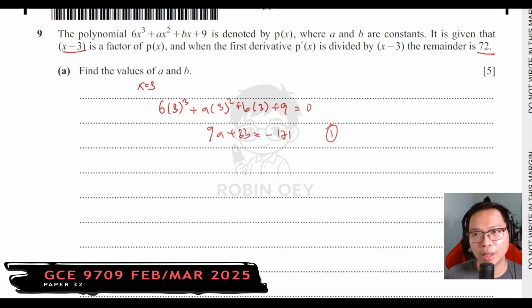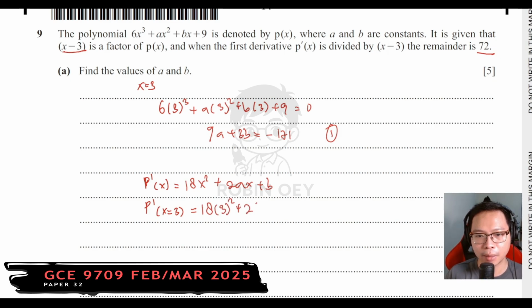Then the second equation we get from the derivative. Okay, so p prime of x is 18x squared plus 2ax plus b. Now we have to input x equals 3. So this is 18 times 3 squared plus 2 times a times 3 plus b.